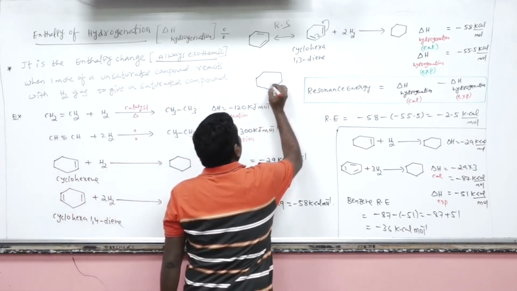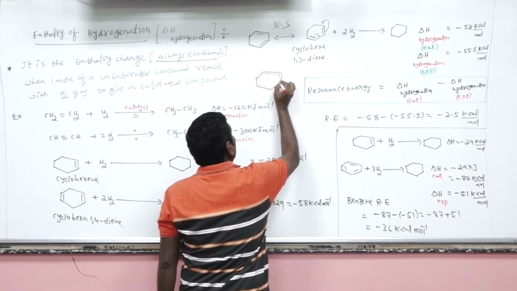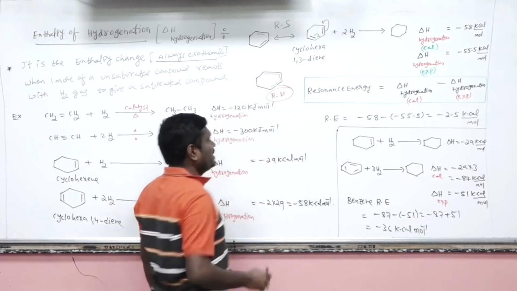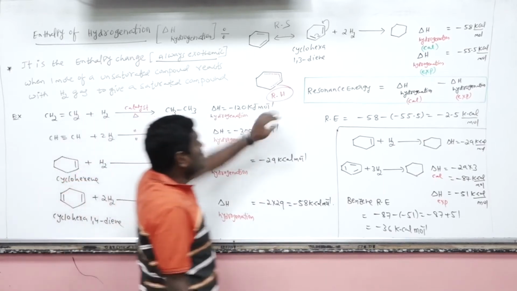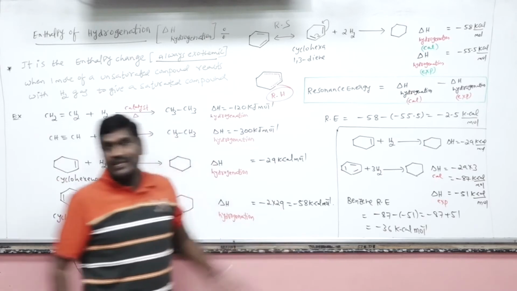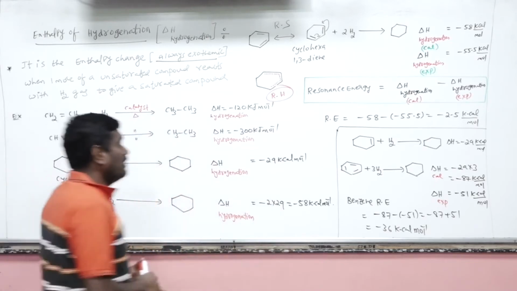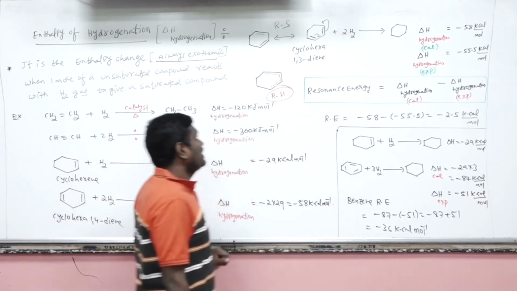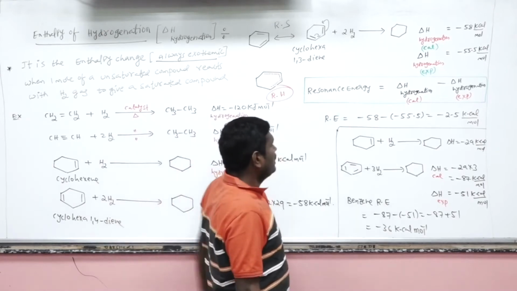So here the pi bonds will be, this is the RH, resonance hybrid. Now, what is the actual resonance energy definition? It is the energy difference between the most stable resonating structure and the resonance hybrid. The enthalpy difference between the most stable resonating structure and the resonance hybrid is known as the resonance energy.